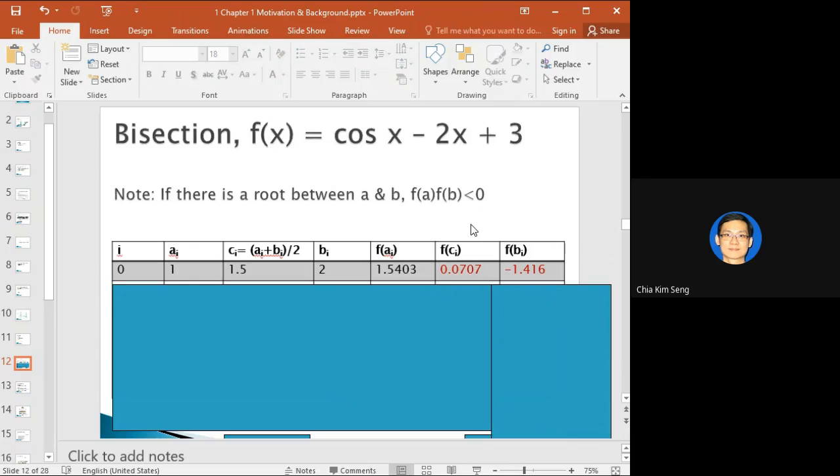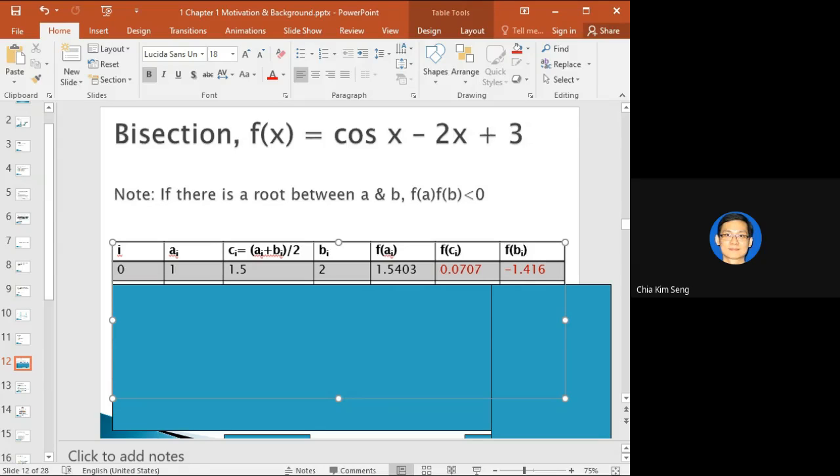So now the question is, where is the root? It's between A to C or C to B. Okay, so type your answer there, A to C or C to B. I'd like to see three answers before we move on. Where's the root? A to C or C to B? Based on our intermediate value theorem. Okay, one answer, A to C. Any other answer?